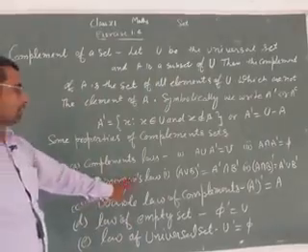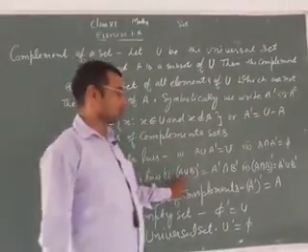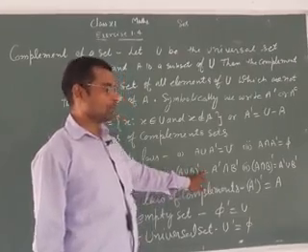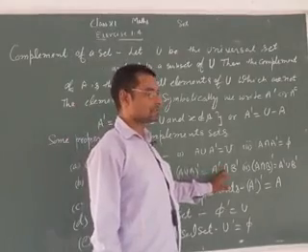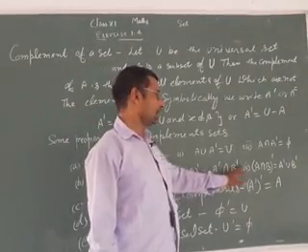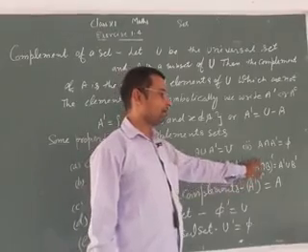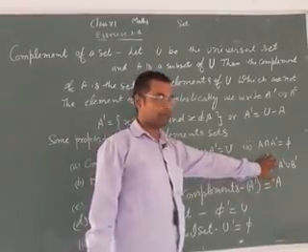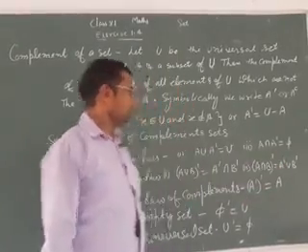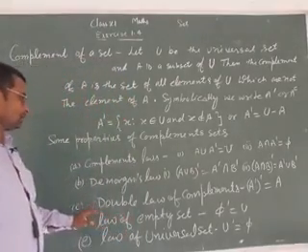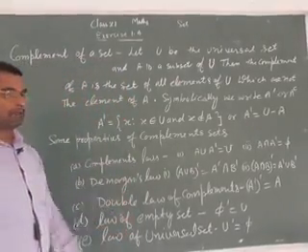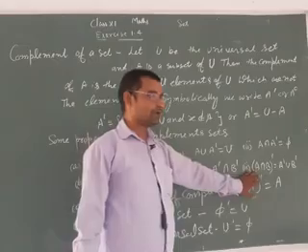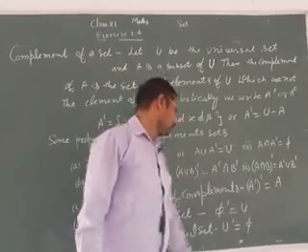And De Morgan's laws: first, the complement of A union B is equal to complement of A intersection complement of B, and also the complement of A intersection B is equal to complement of A union complement of B. Double law of complement: the complement of the complement is equal to the original set A.